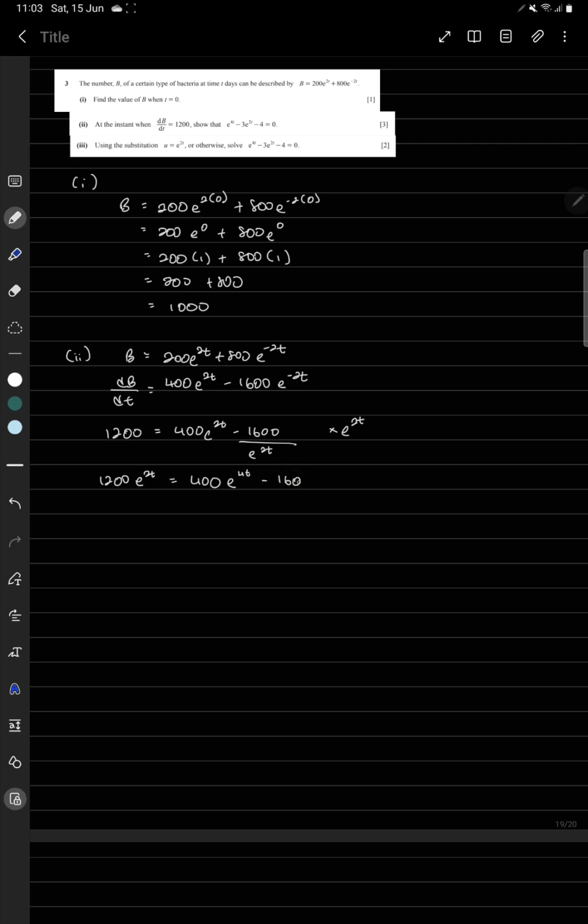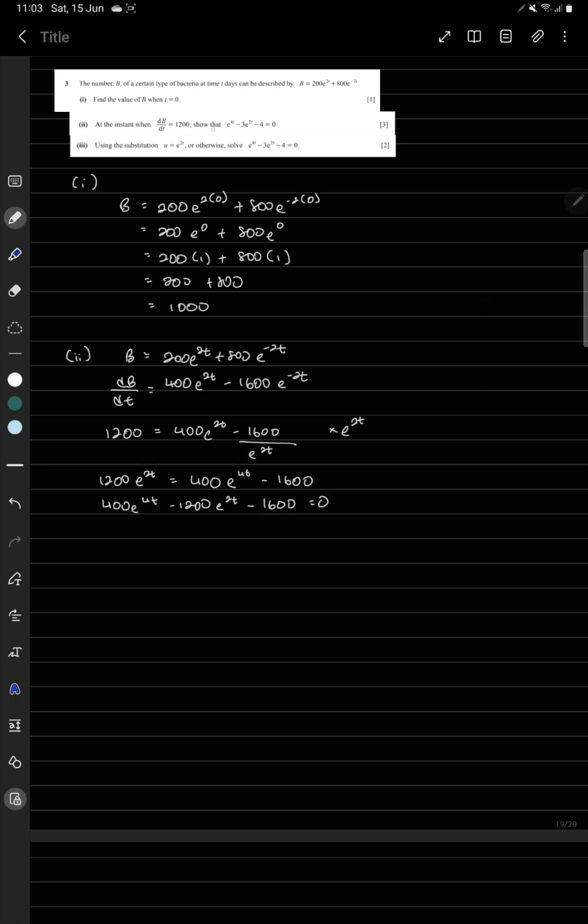Then minus 1600. Okay, now it looks like we have equals to 0 on the right side. Let's bring everything to the left side, but let me double check. We want to make sure our e to the power of 4t is positive. So I will just swap these two sides. Then I'll bring the 1200 to the other side. So that's minus 1200 e to the 2t minus 1600.